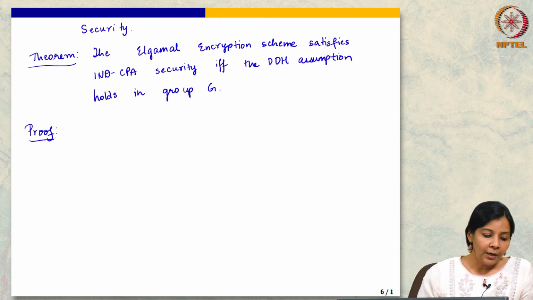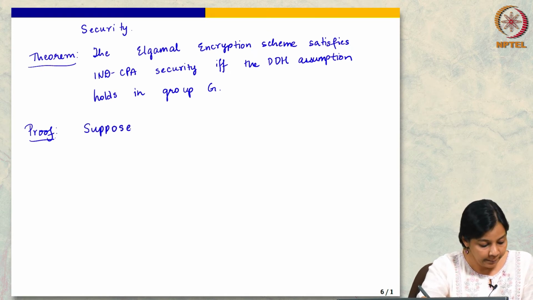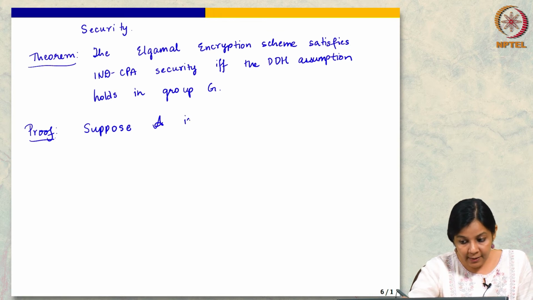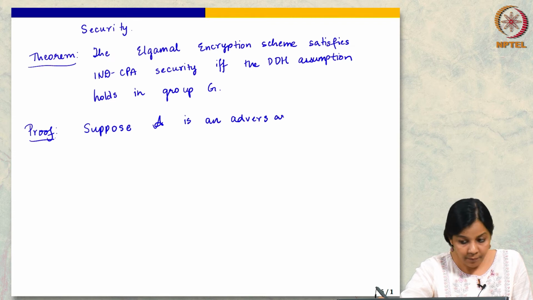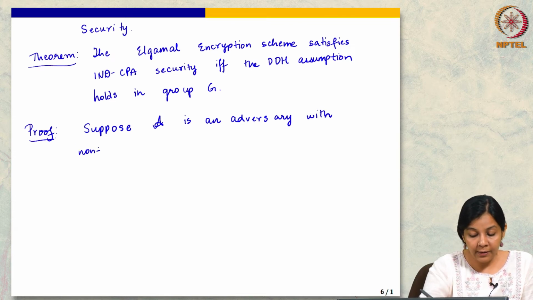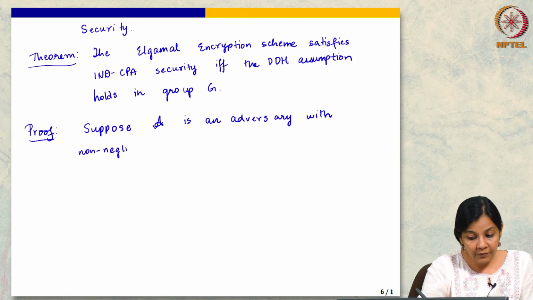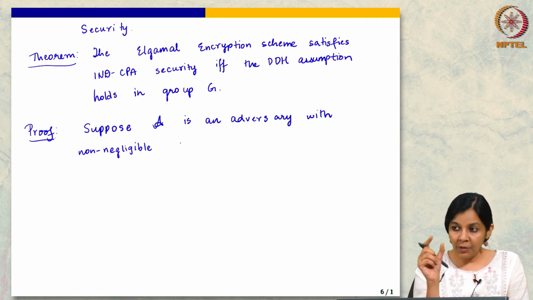Very good. So let's set this up. Suppose A is an adversary with some non-negligible advantage. We defined this earlier: it guesses the bit correctly with probability something over a half.